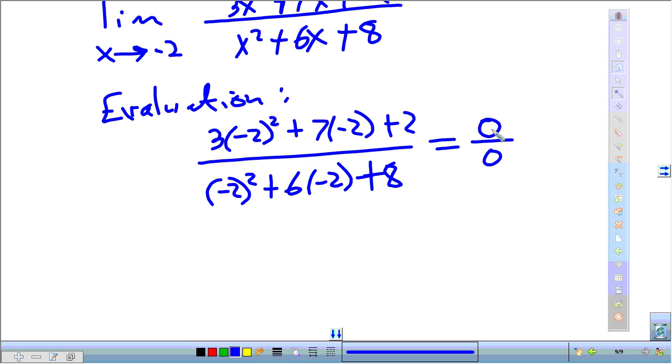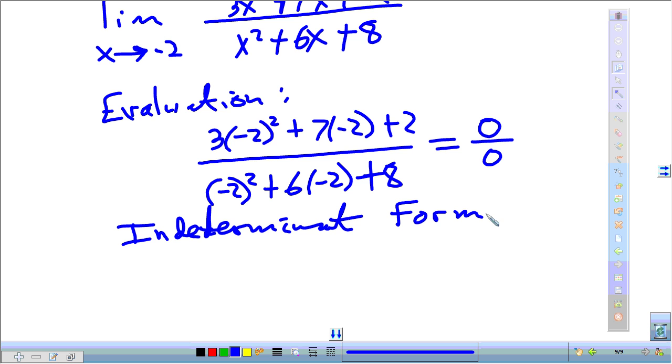This one comes out to 0 divided by 0, which is an indeterminate form of division by zeros or infinities. So if it was non-constant by 0, we had a way to look at it.